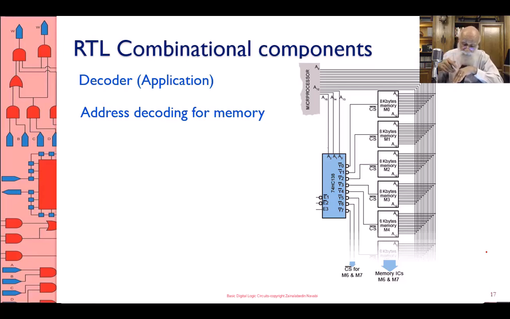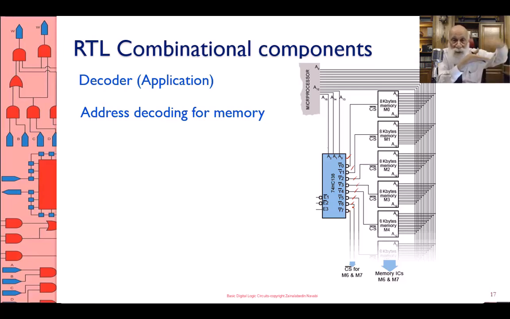But then I want to have, let's say, 1, 2, 3, 4, 5, 6, 7, 8. Right. I have 8K blocks of memory.